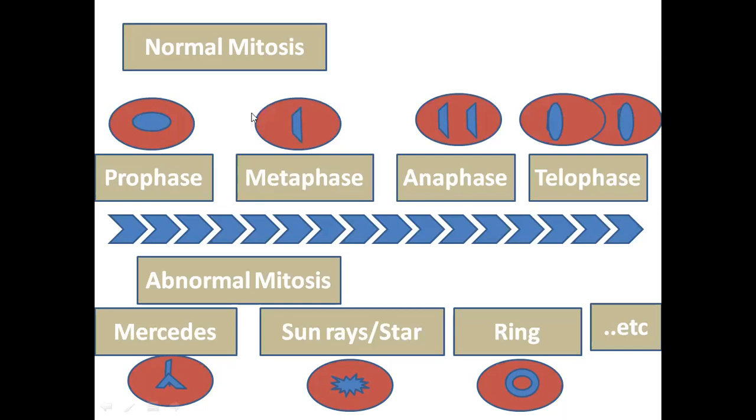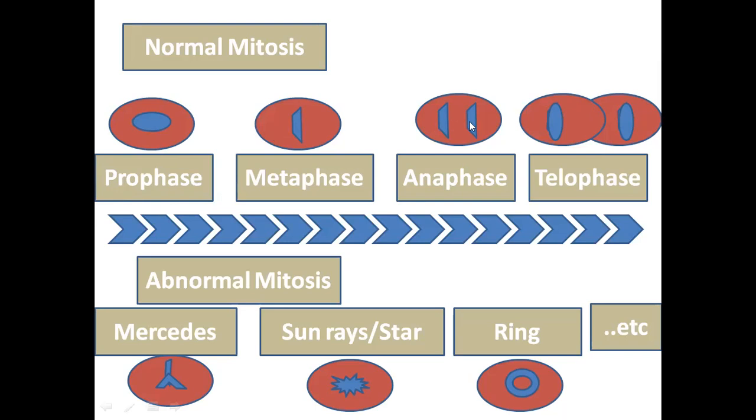Under the microscope, we see the cell with chromatin like a stick in the center of the cell. Then there is the anaphase, in which the chromatin separates. It separates because it will give two cells. And then the telophase, or the final phase, in which the original cell separates into two cells, two daughter cells.